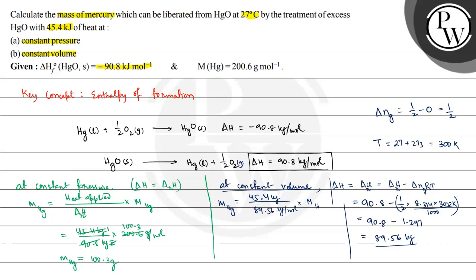So अगर हम यहाँ पर values put करें, 45.4 divided by 89.56 multiplied by 200.6, and this will be equal to 101.68 grams.